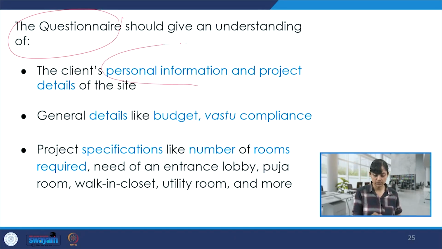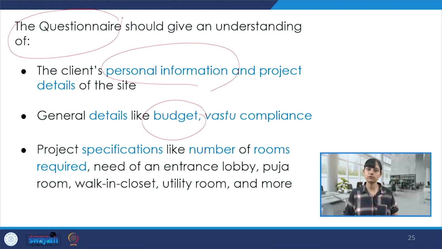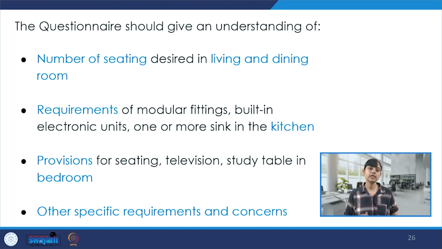So, of course, the personal information and budget. Also, if there is any preference for Vastu compliance or climatology or any particular consideration which goes by family lineage, etc. Also, specifications for the project, number of rooms to be designed, whether there is some specific requirement which the client wants, like a walk-in closet, etc. So we get this kind of information, and then it comes in handy while designing the project and trying to satisfy the client.